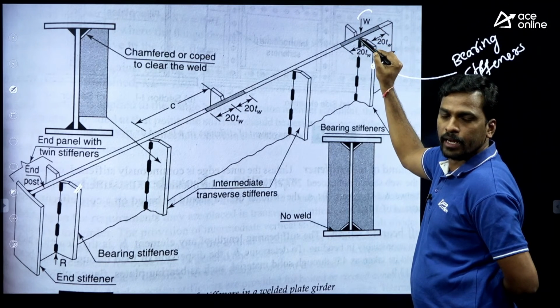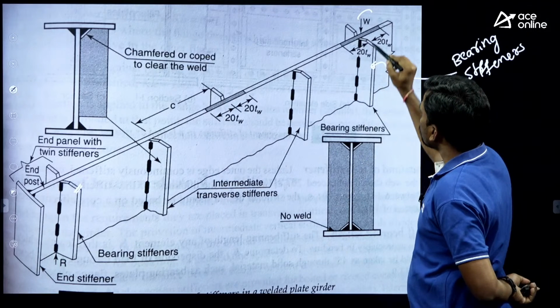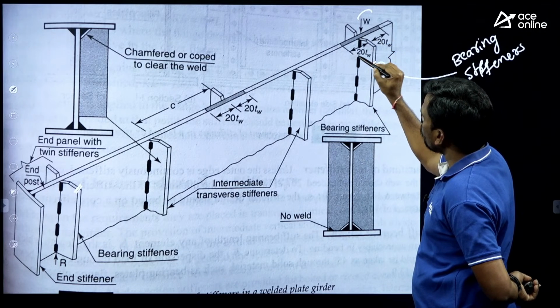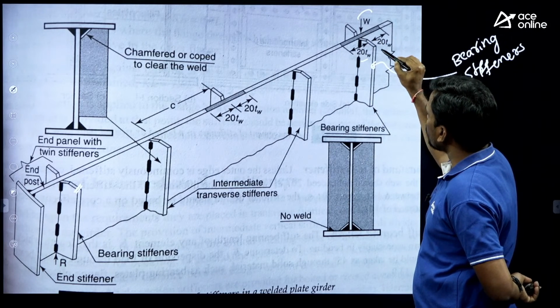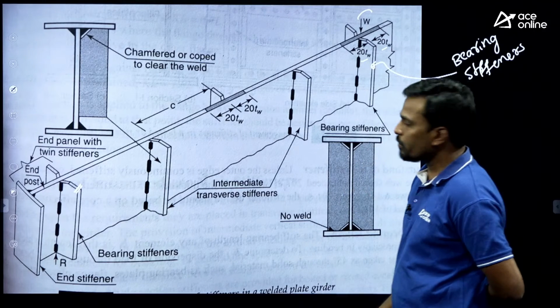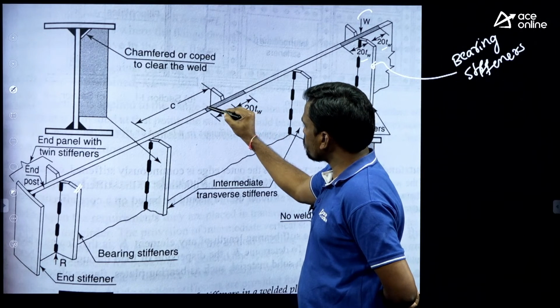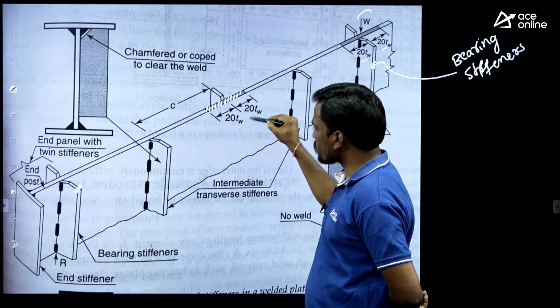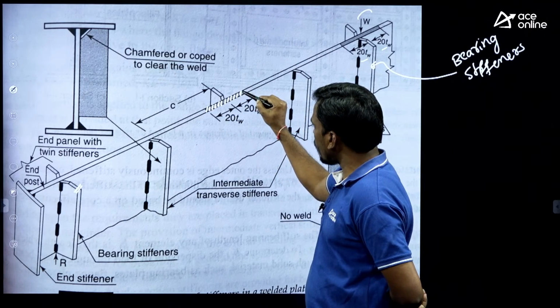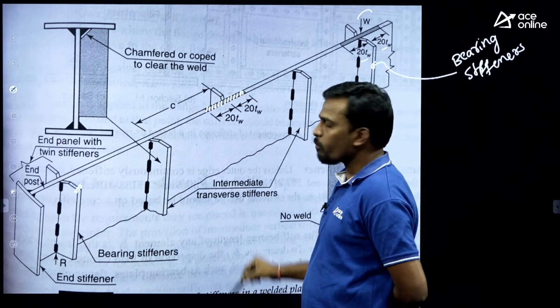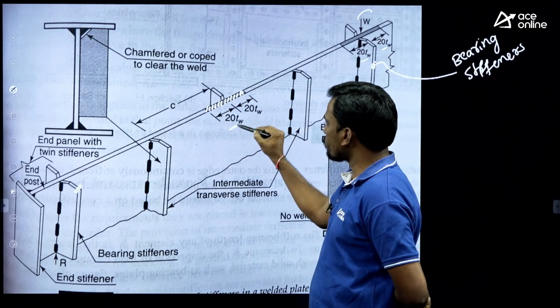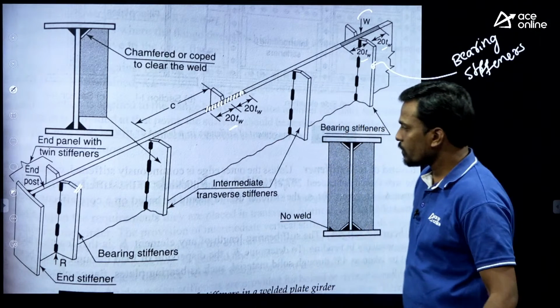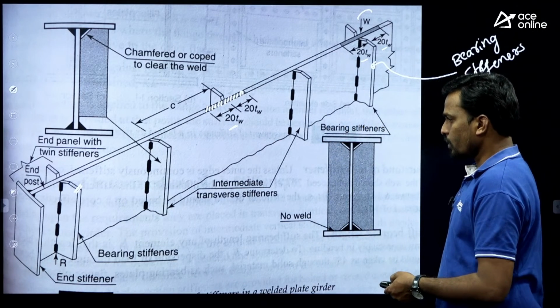How much? Left side 20 times the thickness of web, right side 20 times the thickness of web. This web portion will act as a stiffener only. How much length? That is 20 times the thickness of web.